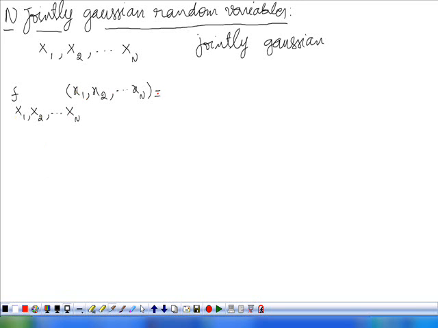This must be equivalent to the determinant of Cx inverse power 1 by 2, divided by 2 pi power n by 2.